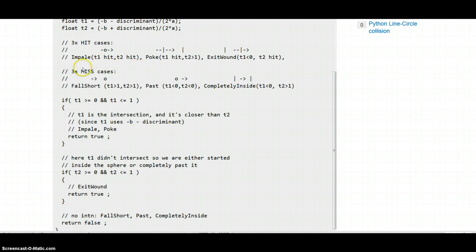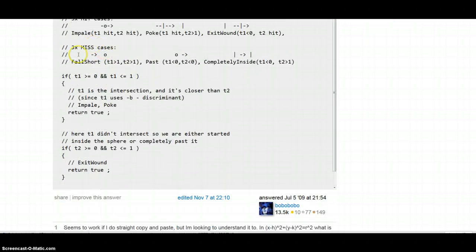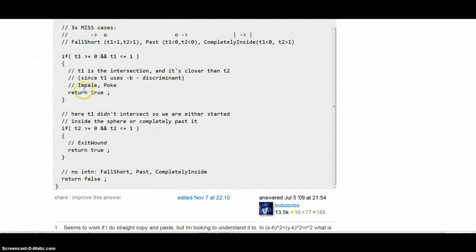And so there's the checks. If the T1 is between 0 and 1, then the impale and poke happens. And if T2 is between 0 and 1, then there is the exit wound case.